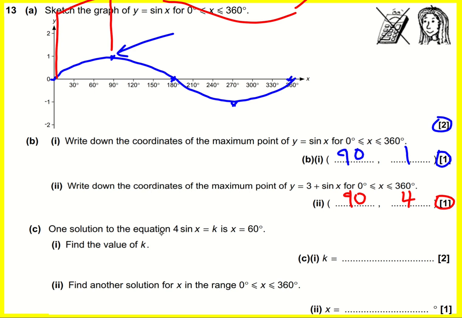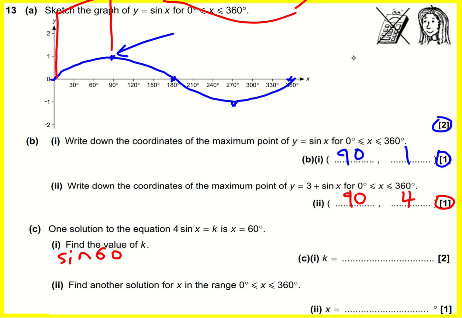Right, one solution to the equation 4 sine x equals k is x equals 60. Find the value of k. Don't like this at all. So a solution is x equals 60. Well, let's work out what sine 60 is. And you have to know this. There are a few ways you can do it.